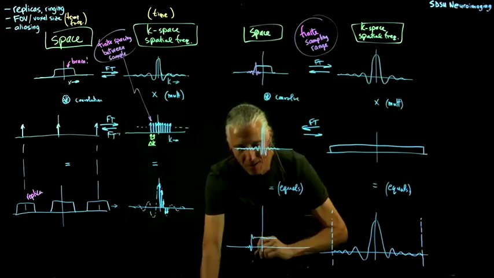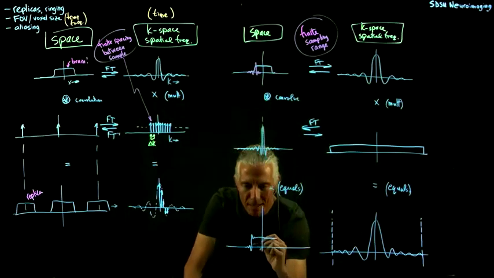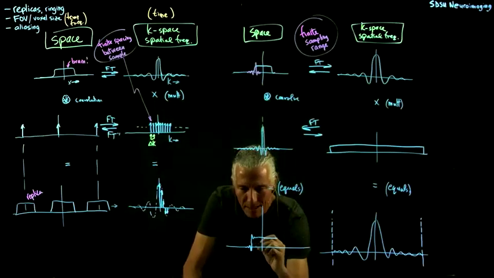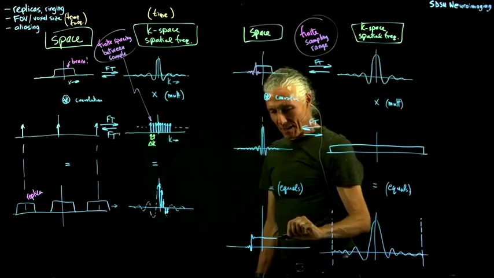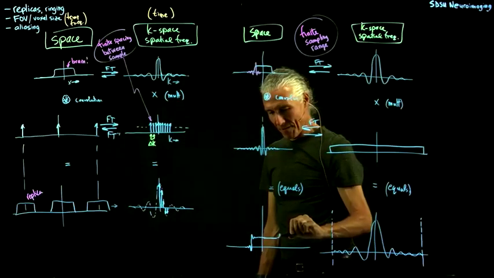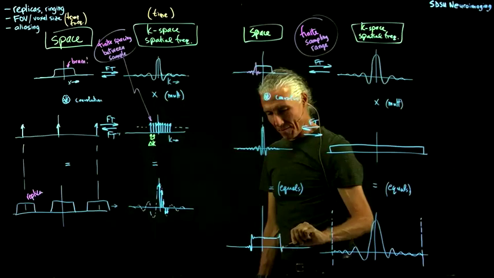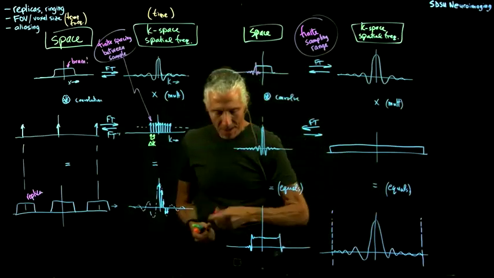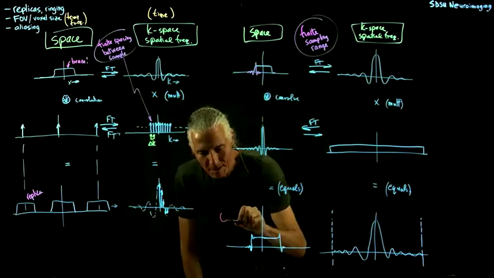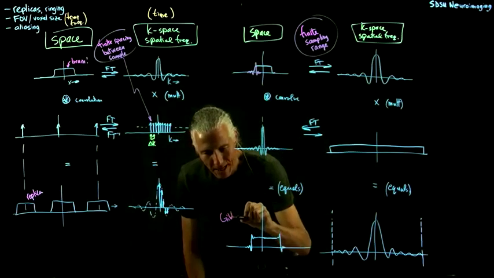So it looks like a half of a sinc pasted onto the edge of the brain there. It goes down, and it goes up. You get little ripples like that, and that's what is called Gibbs ringing.